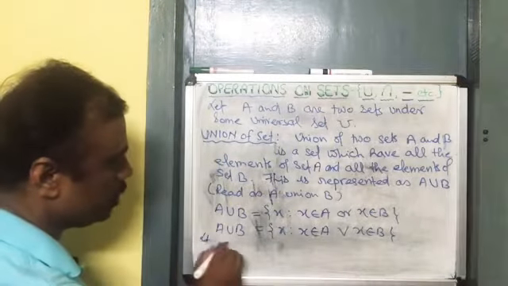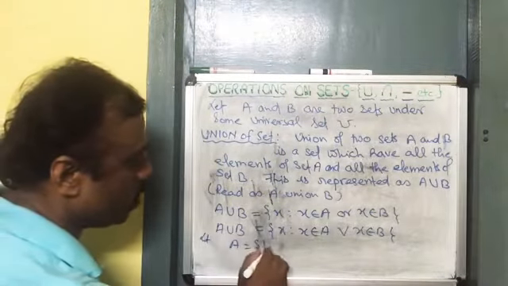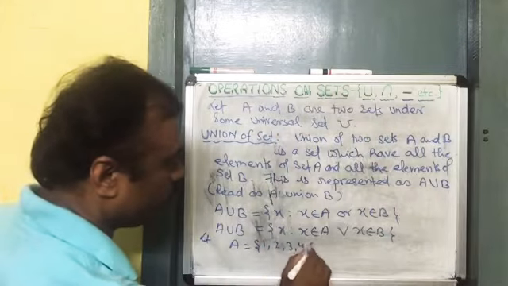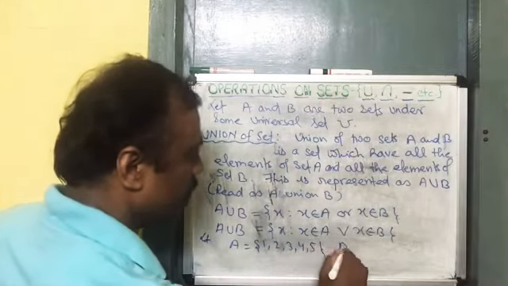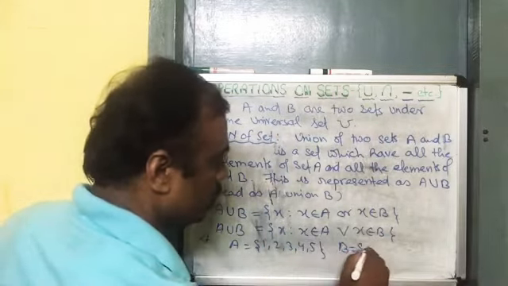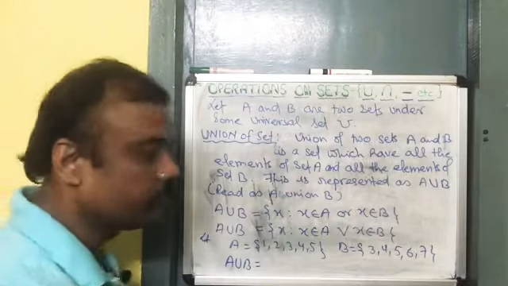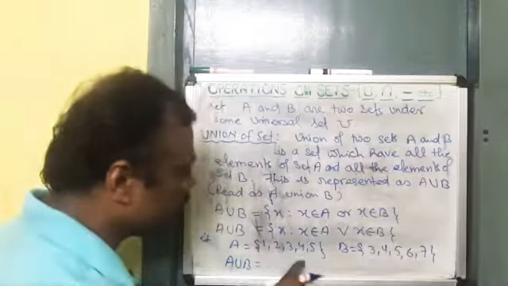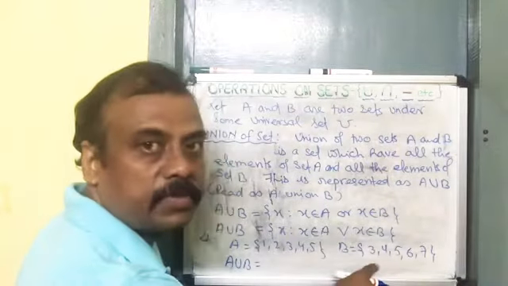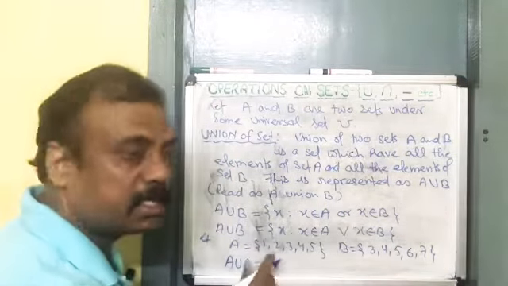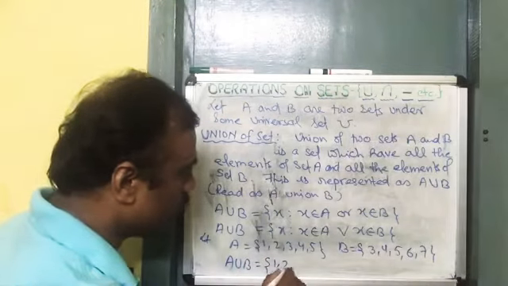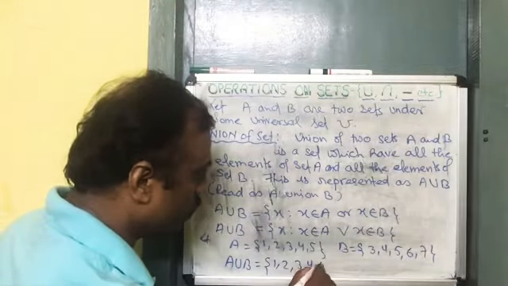Let A is 1, 2, 3, 4, 5 and B is 3, 4, 5, 6 and 7. So A union B will have all the elements of set A and all the elements of set B. First let us write the elements of set A: 1, 2, 3, 4, 5.